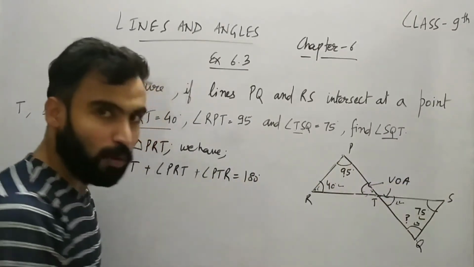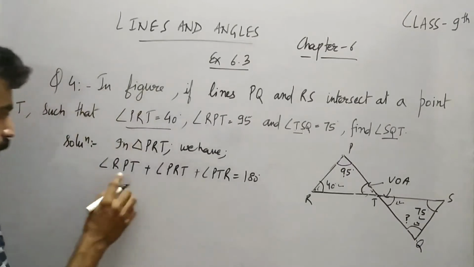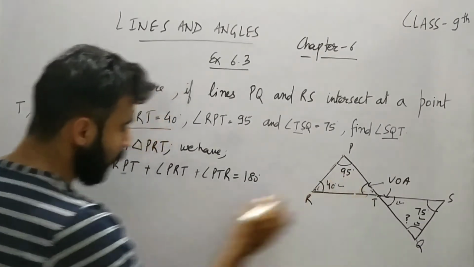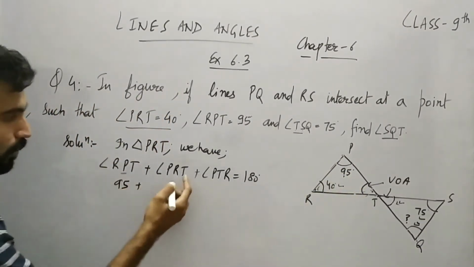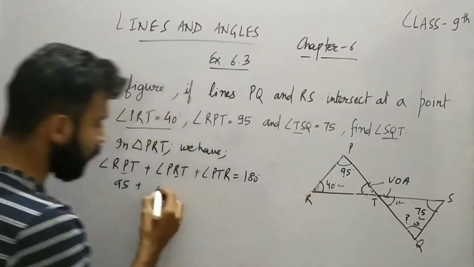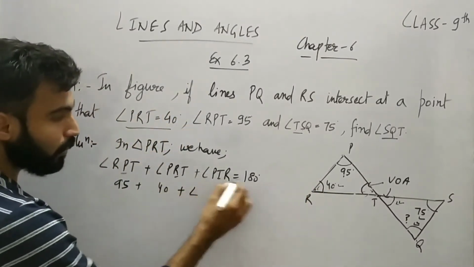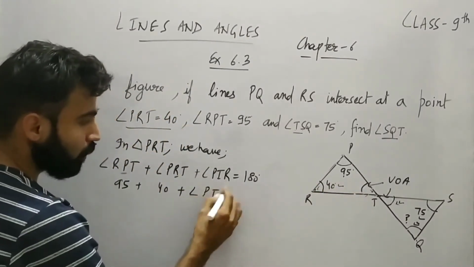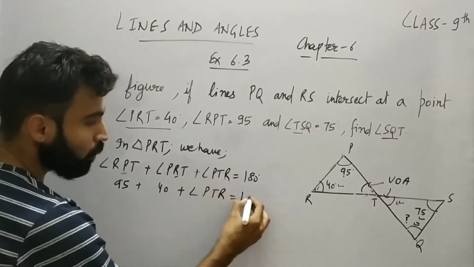You can write: sum of all angles of a triangle is 180. Now angle P here is 95, I'm doing it fast, it's quite easy now. Angle R is 40 plus angle T, which is what we have to find first, so PTR totals to 180.